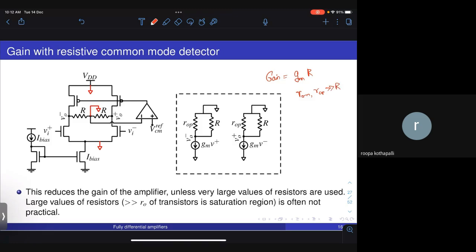Unless you use a very large value of R to detect the common mode, the gain will definitely fall. And it is not practical in CMOS processes to have very large values of resistors just for detecting the common mode. So that is one of the main problems with this, but that's not the only problem.